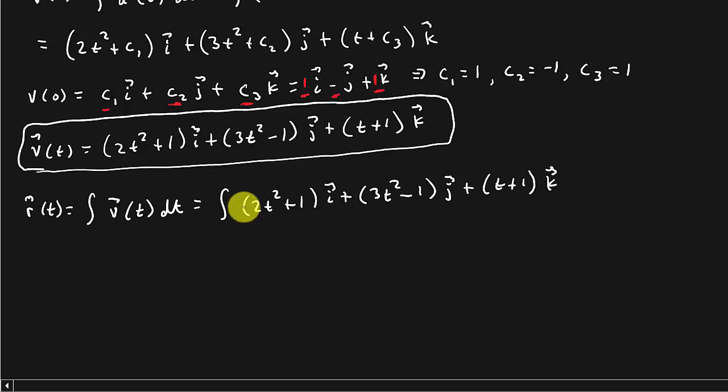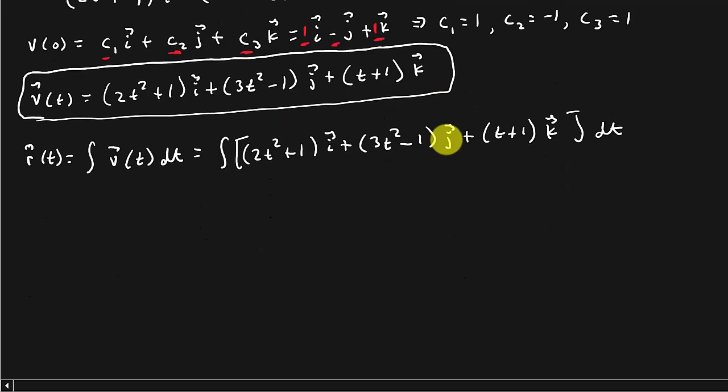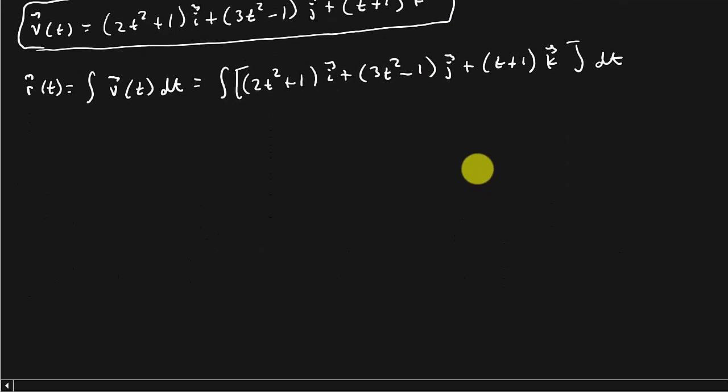Okay, and that is integrated with respect to t. All right, so let's integrate this. So this is going to be 2/3 t cubed plus t. I'm integrating this plus our constant.